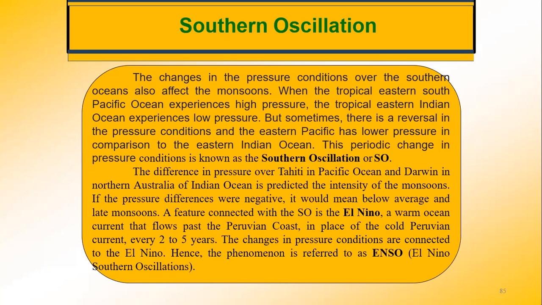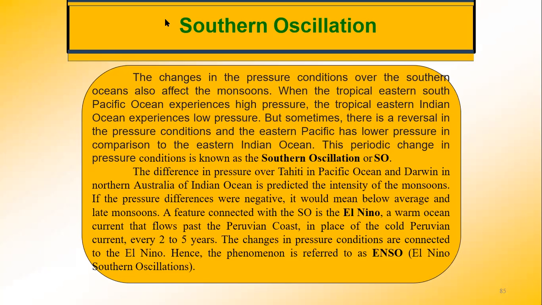Now, El Nino is a narrow current of warm water which appears off the coast of Peru in the month of December. It is a temporary replacement of the cold Peru current, which normally flows along the coast.